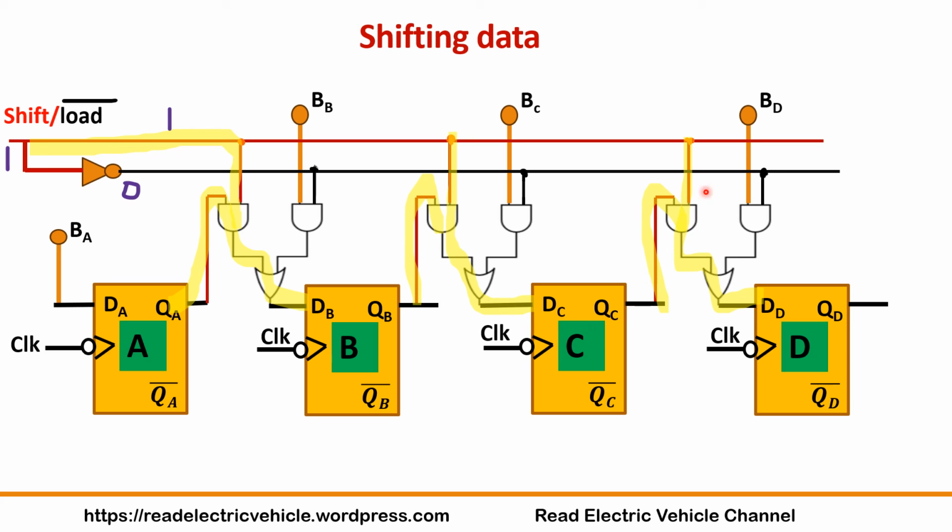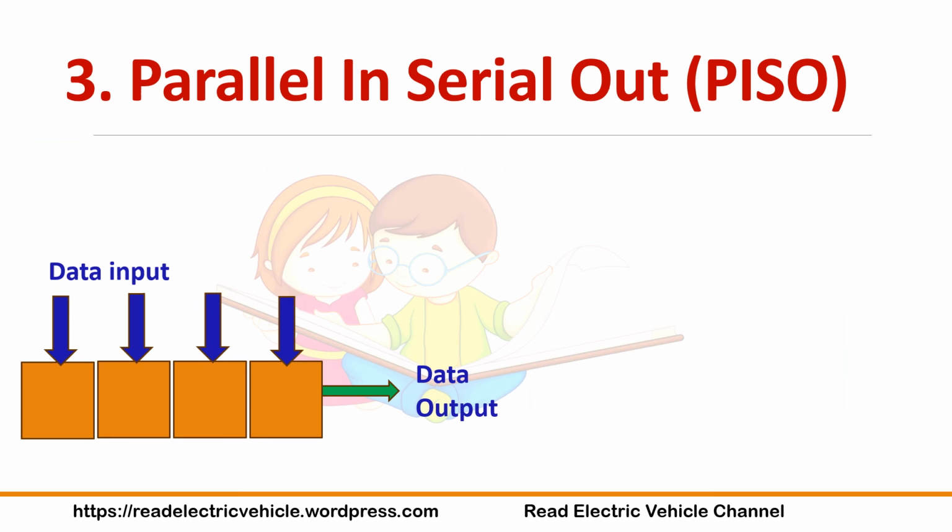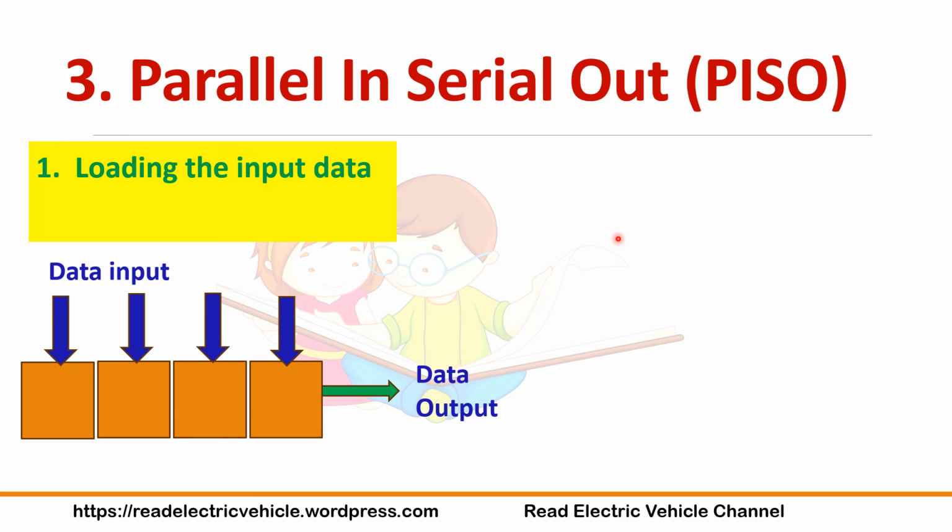So shifting occurs here and the output comes out here. Like this we can shift the data from this end to the other end. So the parallel in serial out shift register is completely different from other types. There are 2 steps involved: first, you have to load the input data, and then shift the data for its operation.